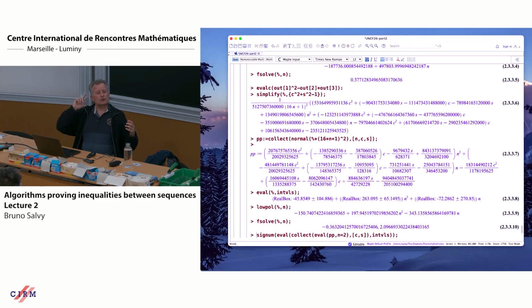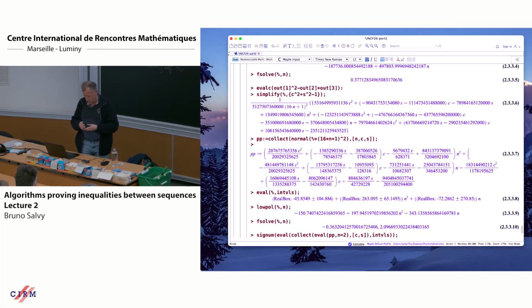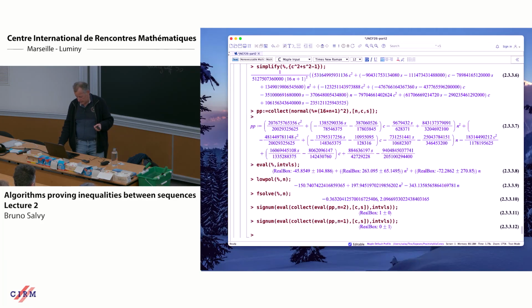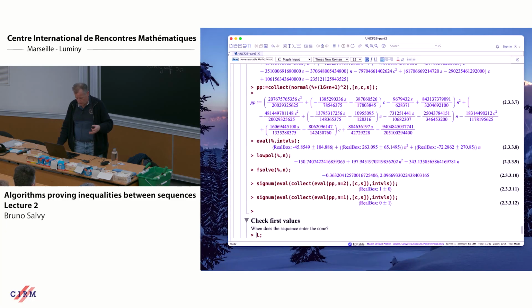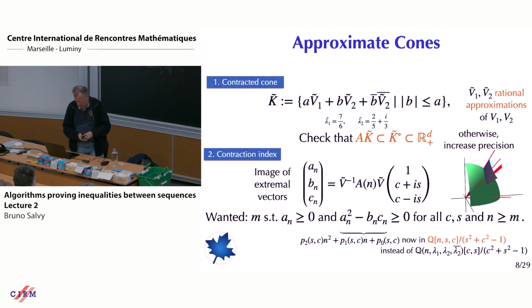But that's just the bound. We see that for n larger than 2.09, the cone is contracted, but that's by interval analysis. So I can check for n equals 2, maybe it already works. I know that for 3 and larger it will work. So I do it, and for 2 it works. And I can even check for 1, and it doesn't. But 2 is good. And then you check the initial conditions, and it's simpler than before because it has to be.